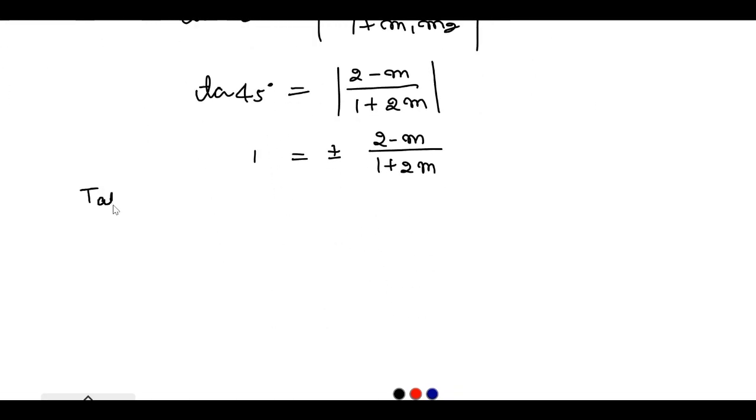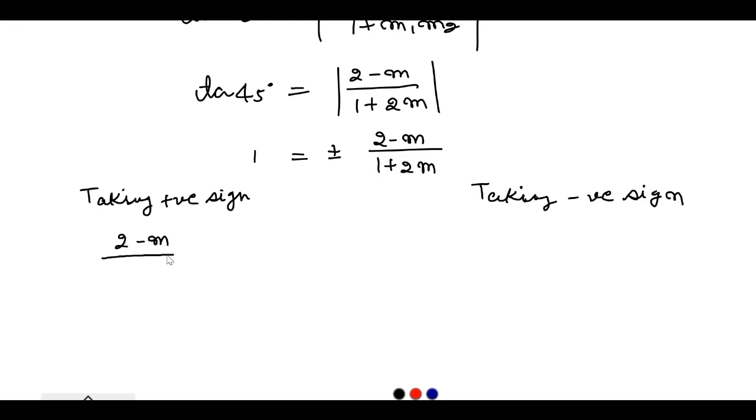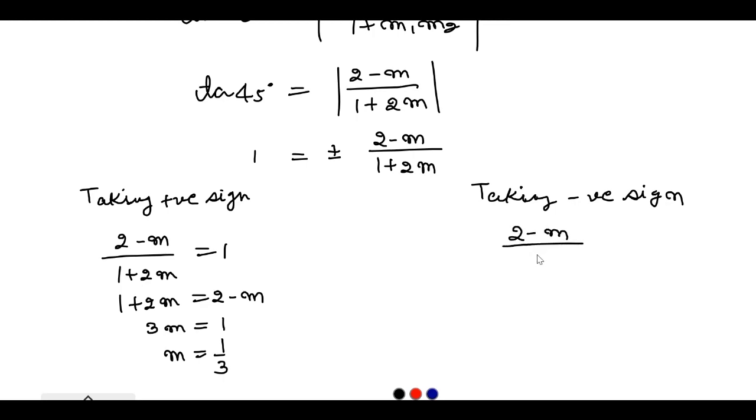Now taking the positive sign, and in the second case taking the negative sign. 2 minus M upon 1 plus 2M is equal to 1. Means 1 plus 2M is equal to 2 minus M. 3M is equal to 1. Then M is equal to 1 by 3. And in this case, it is equal to minus 1. M is equal to minus 3.